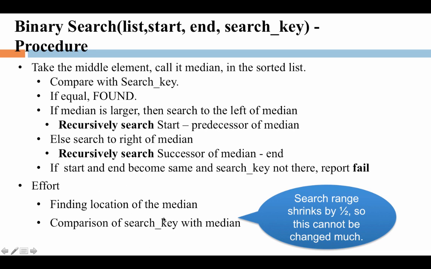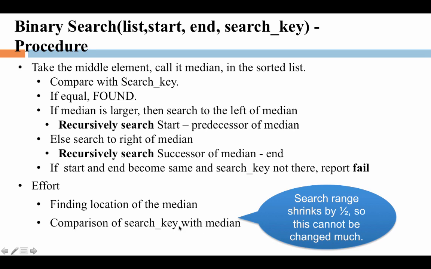That is, you take the sorted list and pick the median. The second thing is that you need to compare the search key with the median value. But observe the total number of comparisons is only log of the total number of elements in your list.